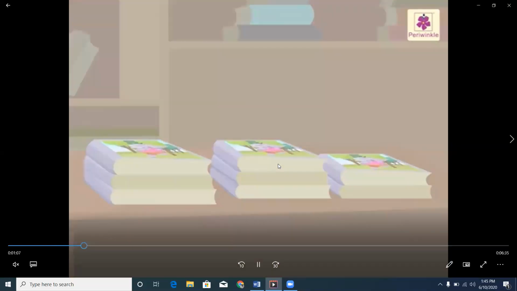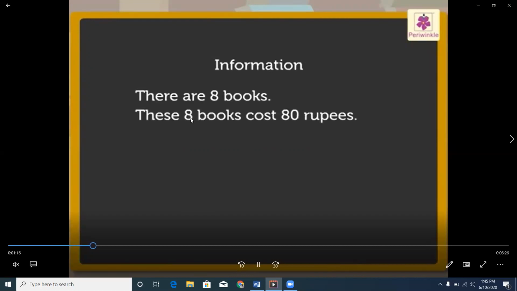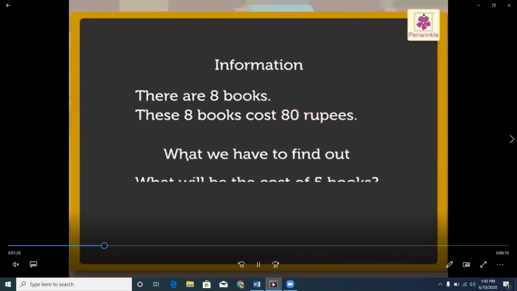She wants to buy 5 books. Then how much does she have to pay to the shopkeeper? The information is 8 books equals 80 rupees, and what she wants to find out is the cost of 5 books.